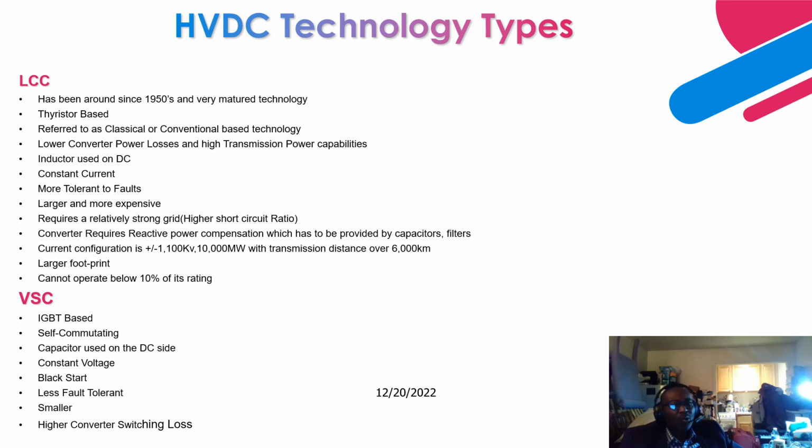It is only when you move to the MMC technology, the voltage source converter technology, that the converter switching loss is about 0.8%, because the frequency of switching is much lower, because you are utilizing basically 150 hertz, 200 hertz to switch the converter. So that itself translates into a much lower switching loss.